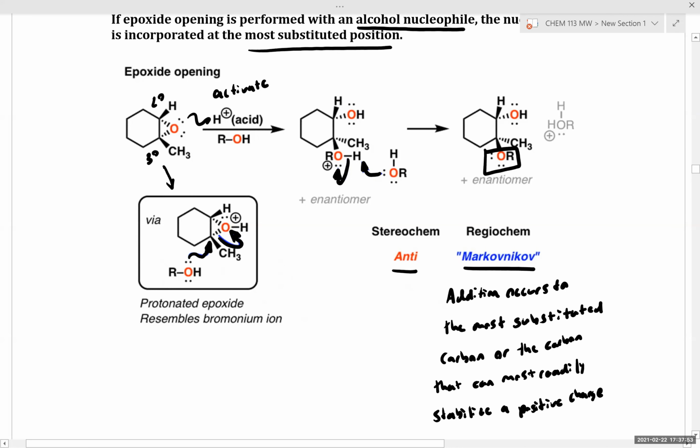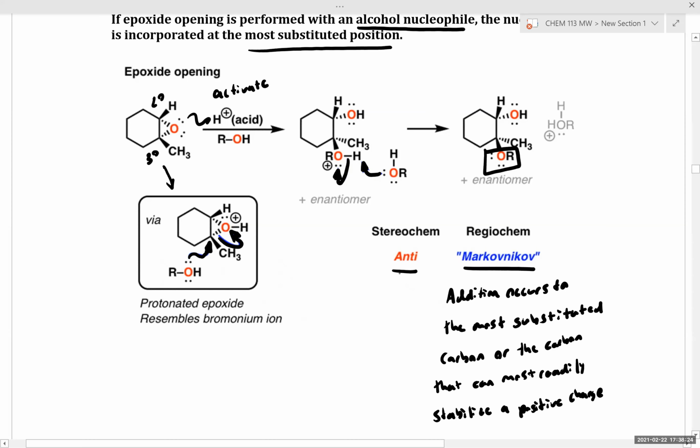Which of these positions can most readily stabilize a cationic charge? The tertiary carbon? Yep, exactly right. And that's why we see our addition occurs at the tertiary carbon. It's most readily able to stabilize a cationic charge. It's relatively the most electrophilic carbon in this molecule. And so our nucleophile will attack our epoxide at the tertiary carbon from the opposite face.